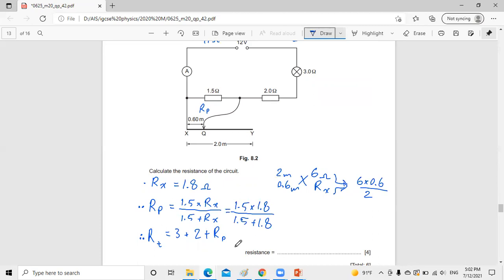Yes, it is 0.818, which is 0.82, and I will add it here. So 2 plus 3 is 5, plus 0.82, so it will be 5.82 ohms. And that's it for answering the question in parallel and series for physics IGCSE.